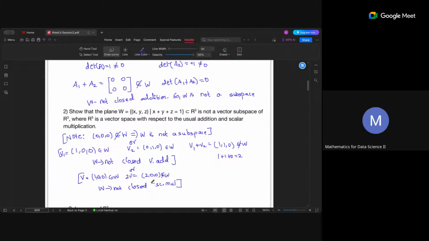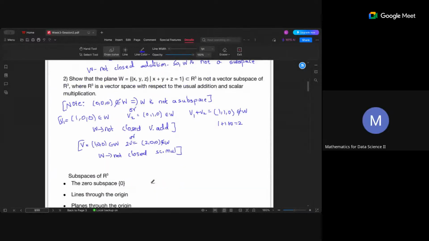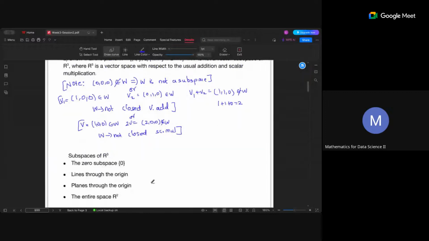See, that is what I'm going to tell next. What are the subspaces of R2? We saw the zero subspace in R2, lines passing through origin, and the entire space R2. Now for R3, exactly the same things are going to come in addition to planes passing through origin.